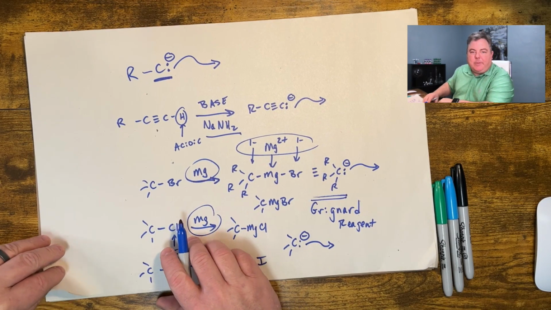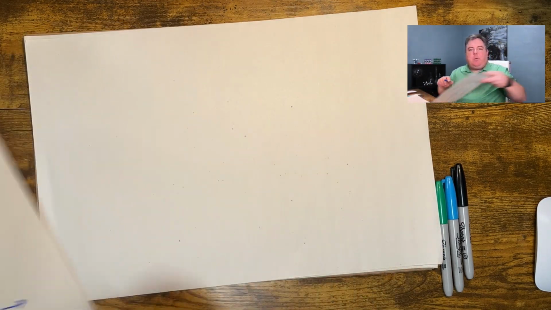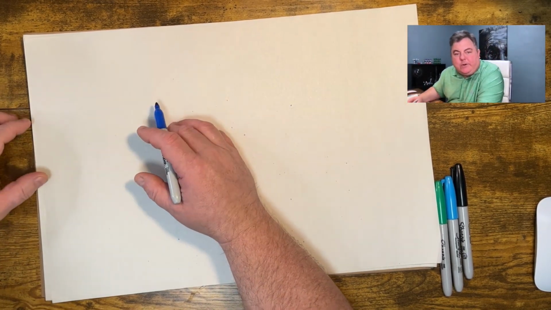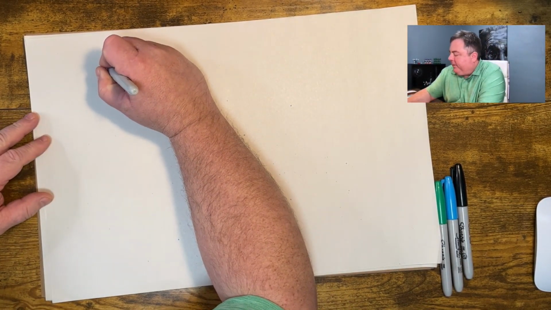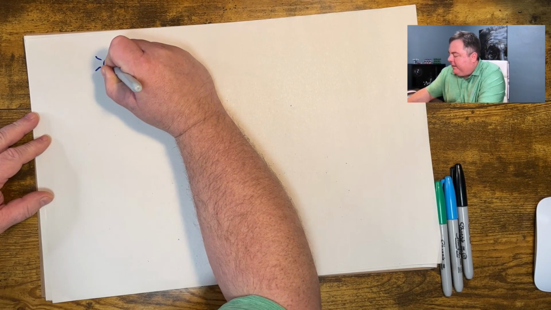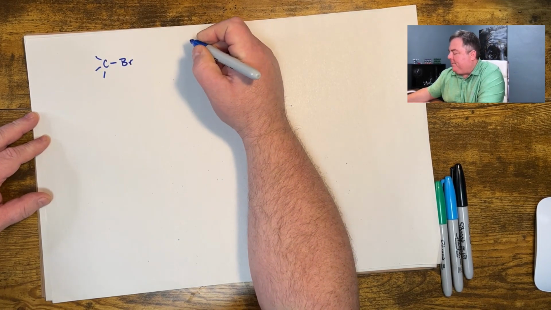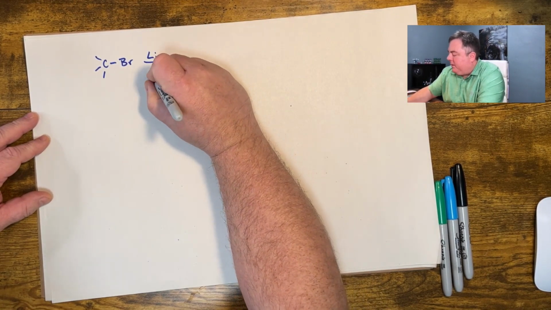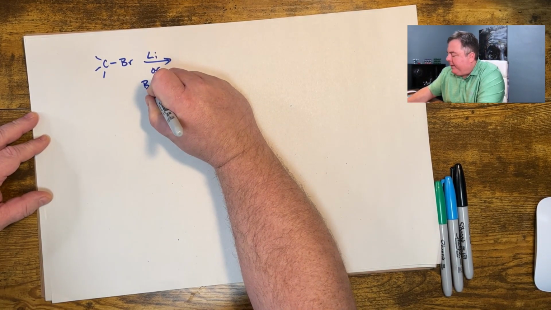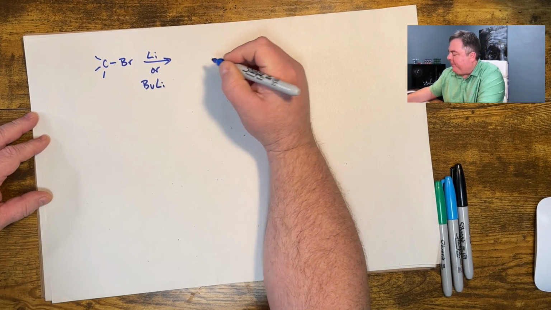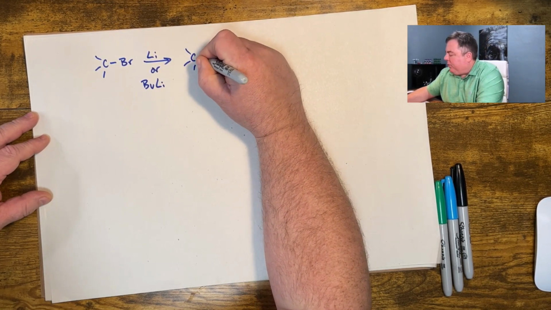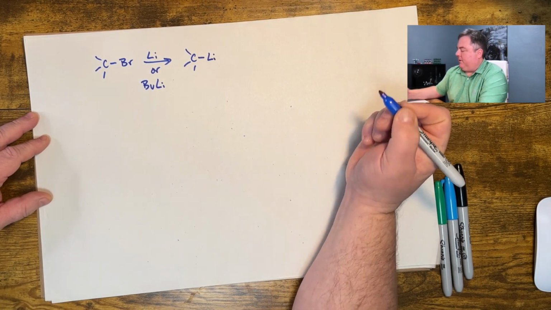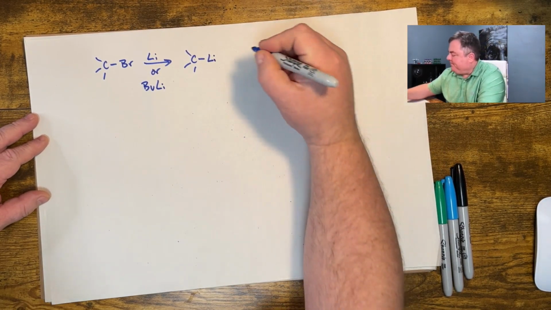Instead of magnesium as the metal, another common way to do these sorts of reactions is to take, again, a good leaving group like a bromide, and instead of magnesium, you could also use lithium, or you might use a lithium-based reagent like butyl lithium, and that can pull off the bromide to, again, they might draw it like this, a lithium attached to that carbon.